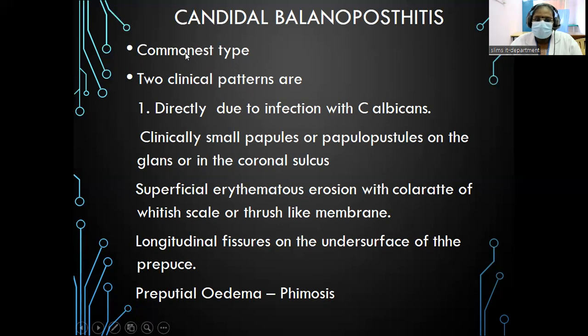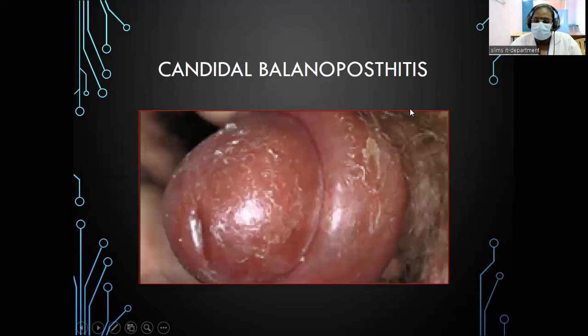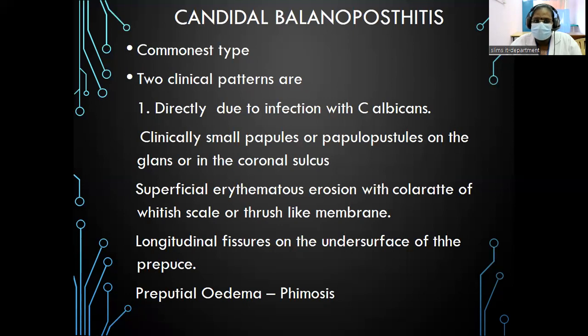It's the commonest type seen in diabetic individuals and also in normal individuals whose partner has diabetes. The two clinical types are due to direct infection with Candida albicans or due to hypersensitivity reaction to cutaneous Candida albicans species.